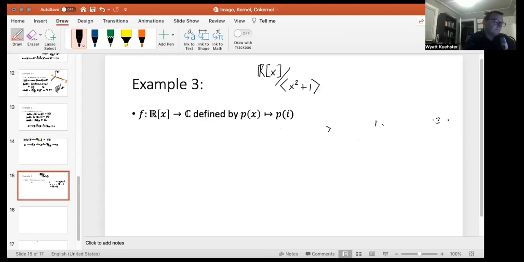And evaluation maps are always algebra homomorphisms, because if I take p of x minus q of x, for instance, f maps this to p of i minus q of i.